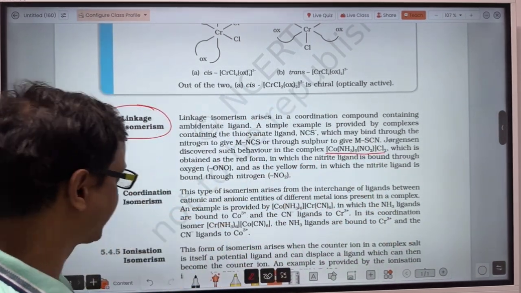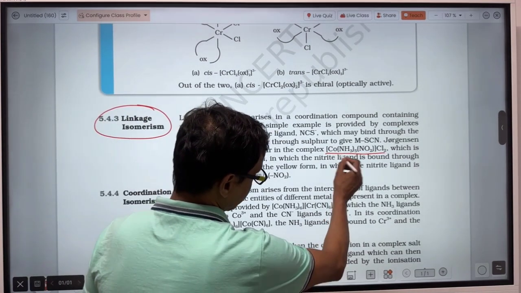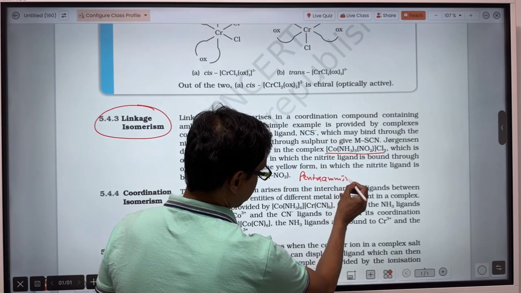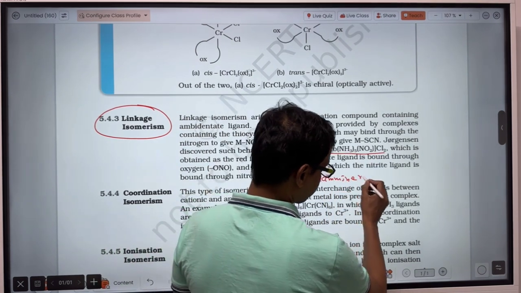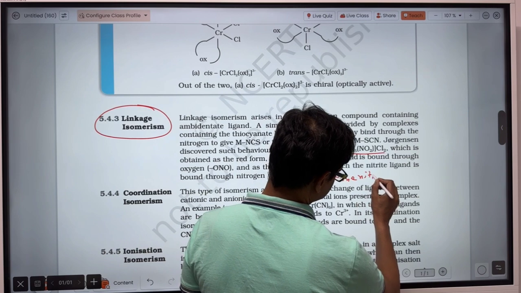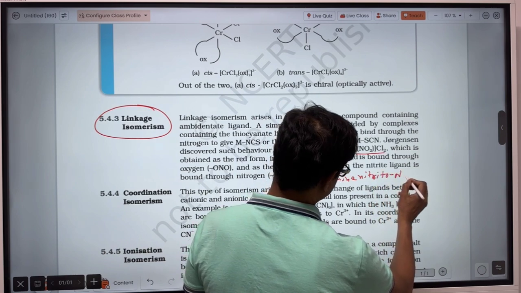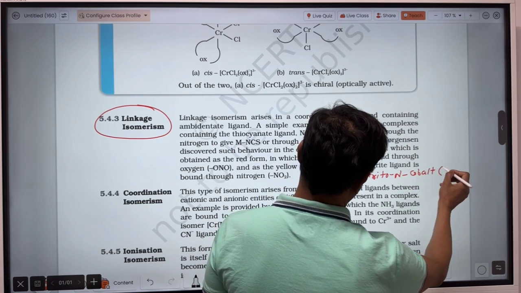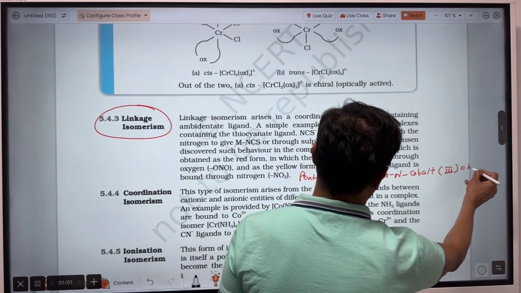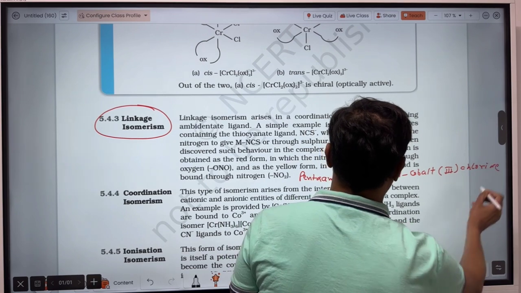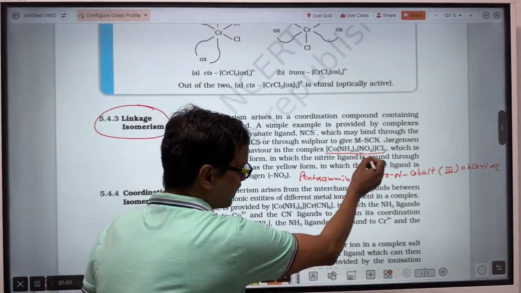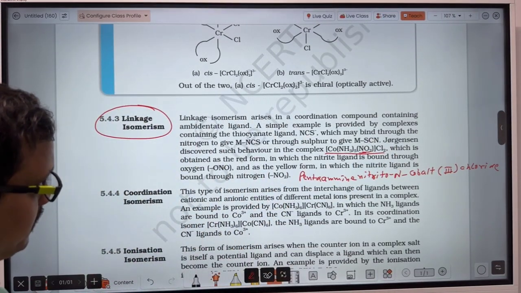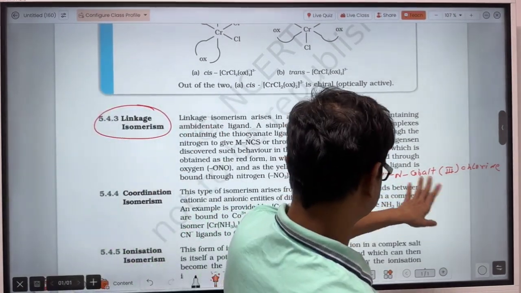when you have to write the IUPAC name of this compound, the IUPAC name of this compound will be pentaamminenitrito-N. NO2 here is the ambidentate ligand, and here it is written NO2, so that's why we write nitrito-N.